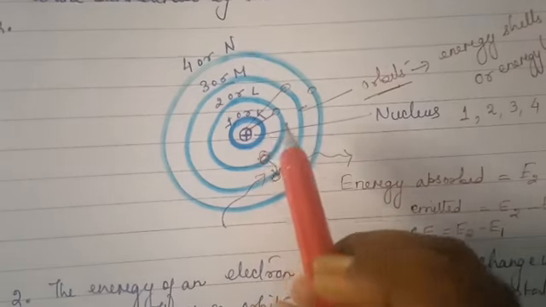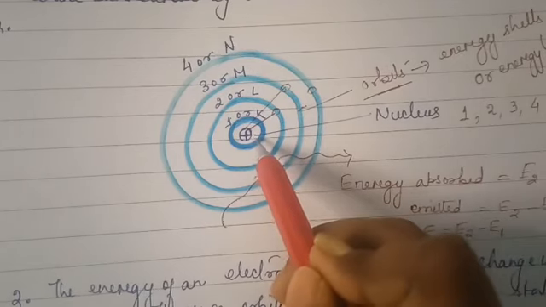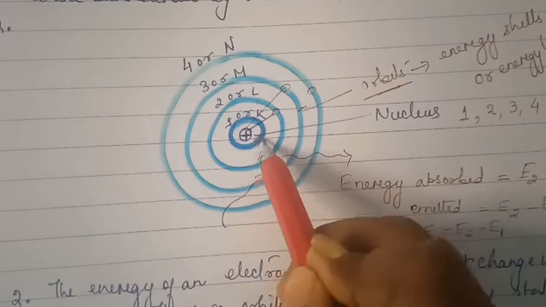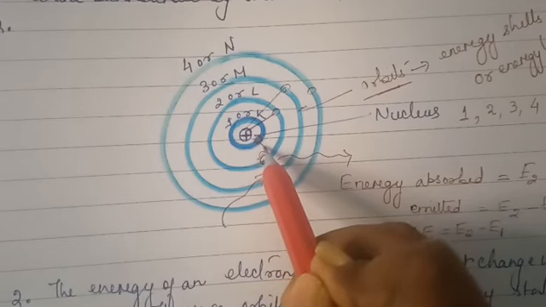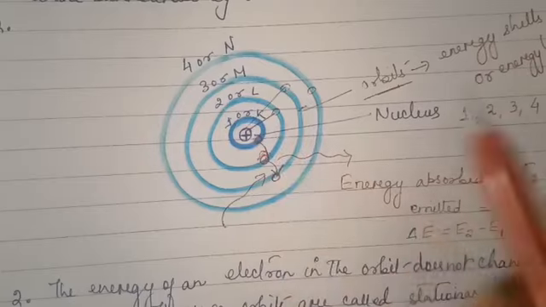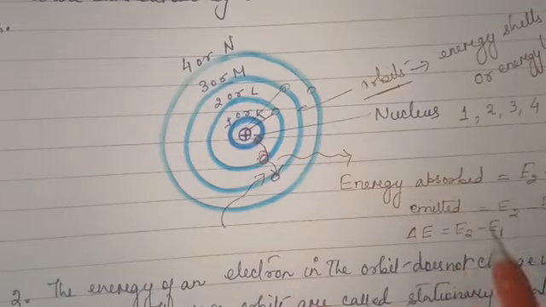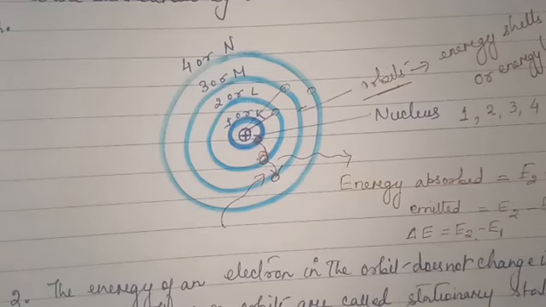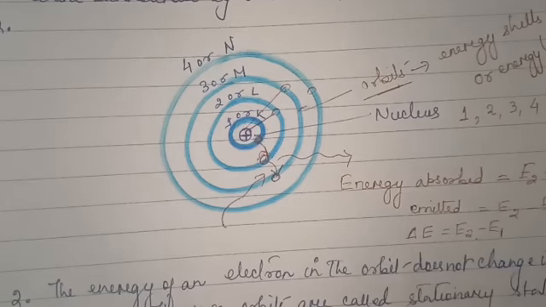If we consider the electron here in energy level 1, and it jumps to energy level 2, then delta E is E2 minus E1, the difference of the two energy levels. This means that emission and absorption of energy occur only in discrete values equal to the difference in two energy levels.